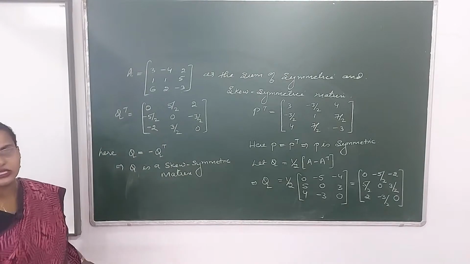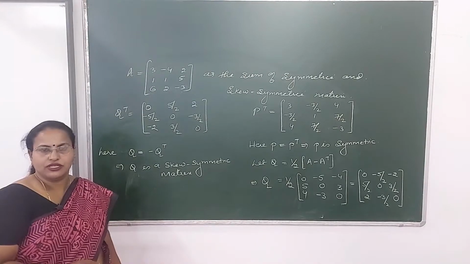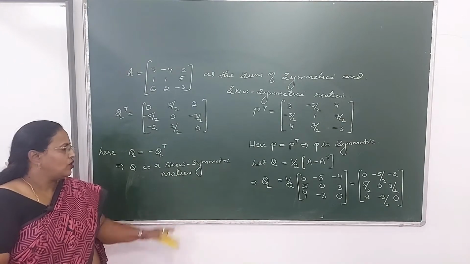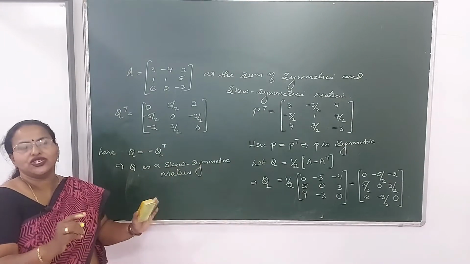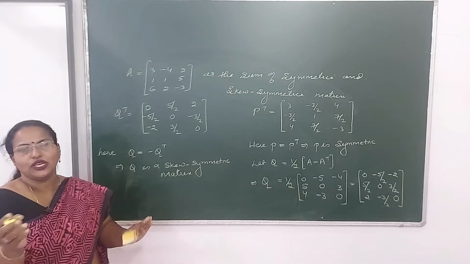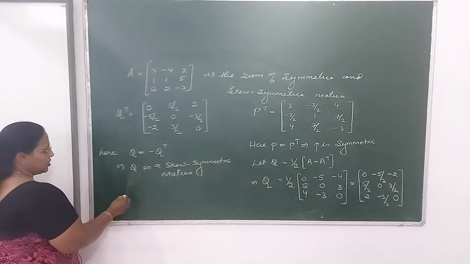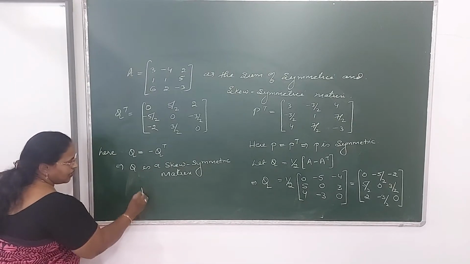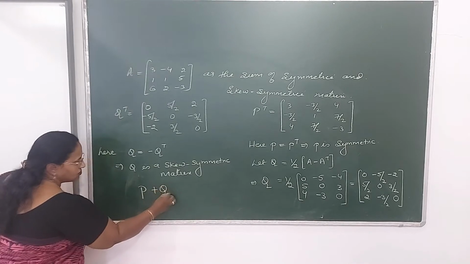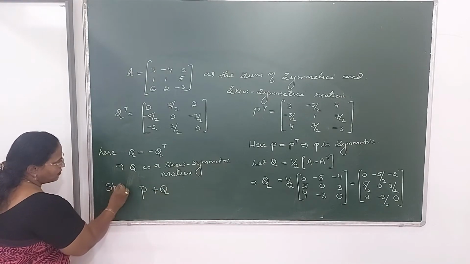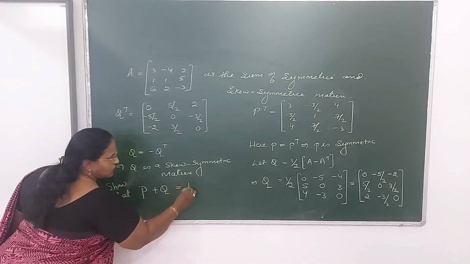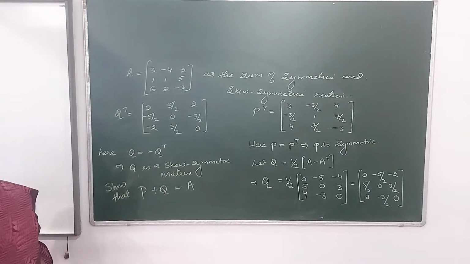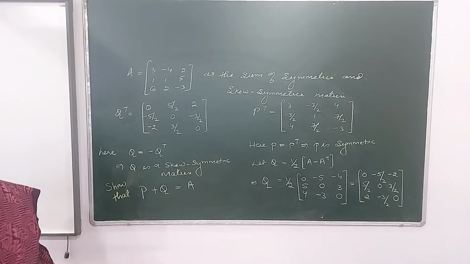Now, what next? Only one step left. What to do? You will be adding P and Q and finally show that P plus Q is equal to A. So, this will be the last step, adding P and Q. That means now you will show that P plus Q is equal to A. So, it's very easy, you know very well how to add.